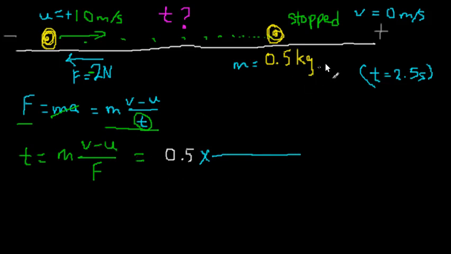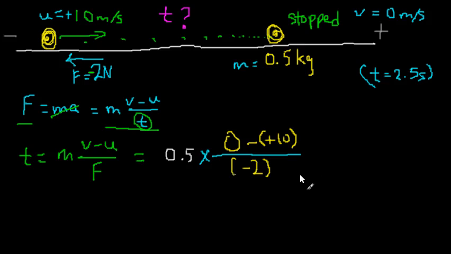U is plus 10, v is 0. So 0 minus plus 10. I'll just make a bracket there just to be safe, because this can sometimes be minus. F is minus 2 newtons, so at the bottom we have a minus 2. I'll put a bracket around that as well. Now I have all the numbers and I'm ready to find an answer.